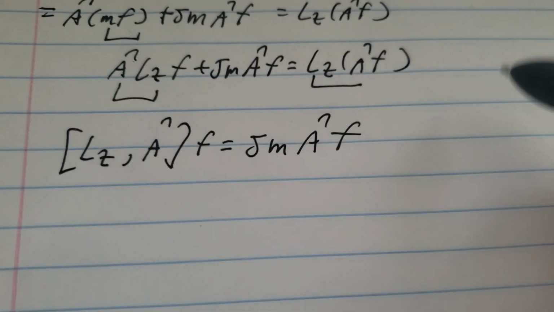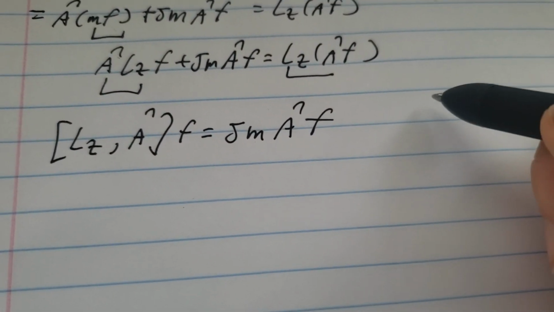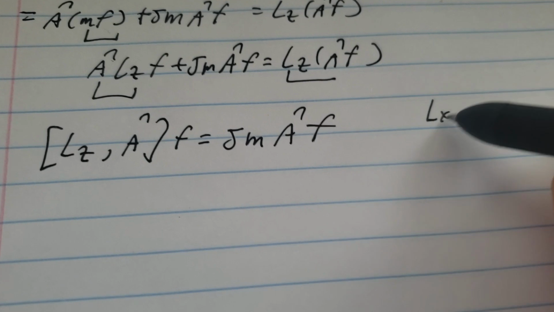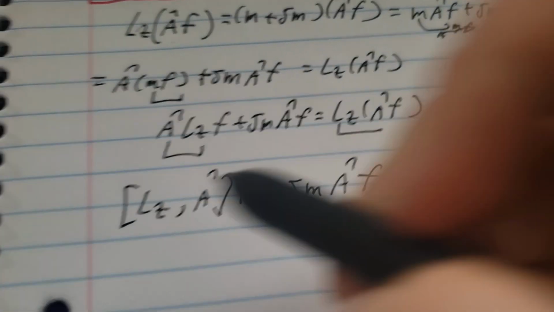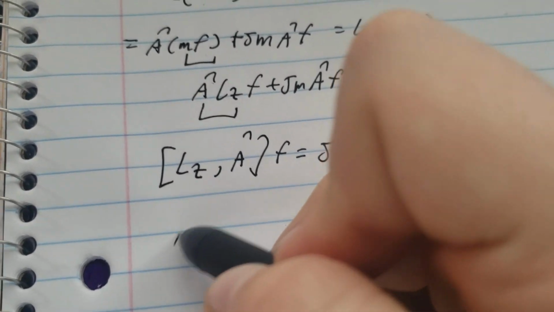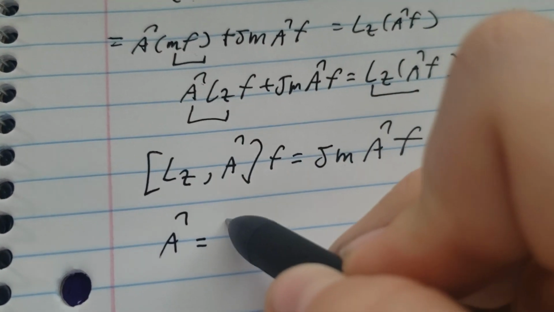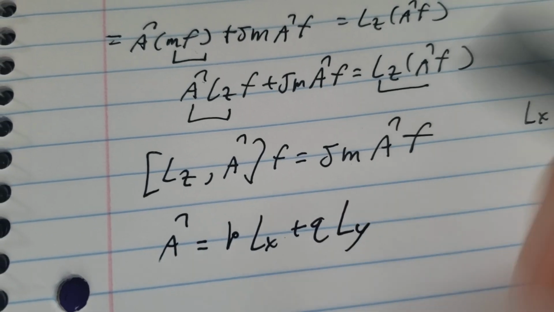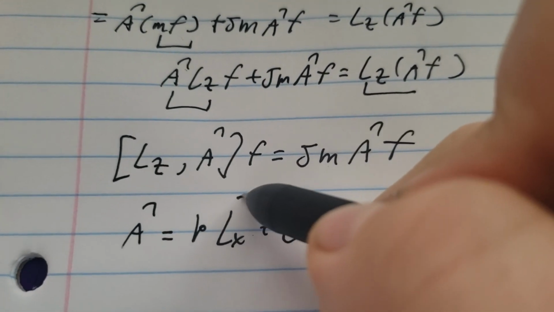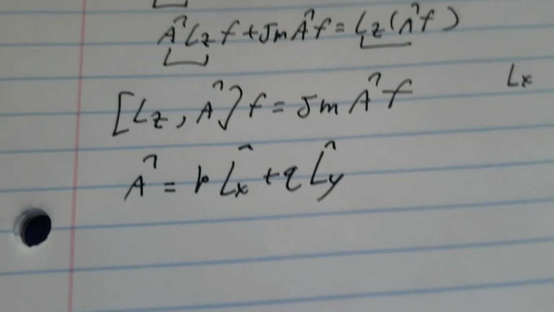And like with our harmonic oscillator, our two special operators are Lx and Ly in place of P and X. So we're going to propose that A hat is of the form A hat equals p Lx plus q Ly hats, where p and q are constants.